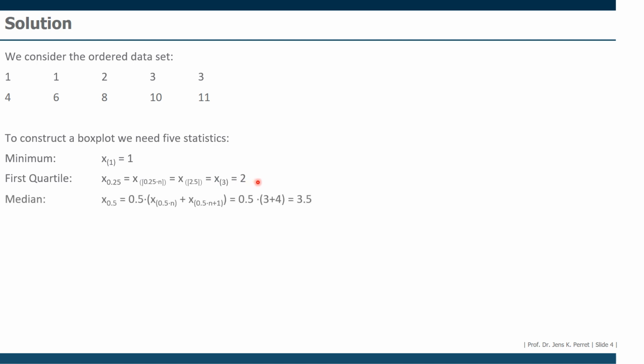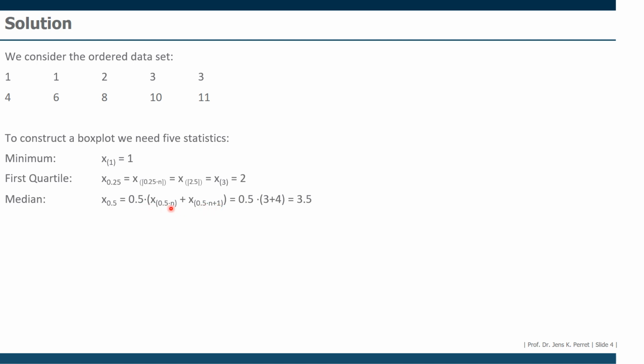Then the next part is the median. Usually in the box plot, the median is a line inside the box. The median depends, regarding the formula I'm going to use, on whether I have an even or an odd number of observations. Here in this case, I have 10 observations, so I have an even number of observations. This implies I'm going to use this formula.